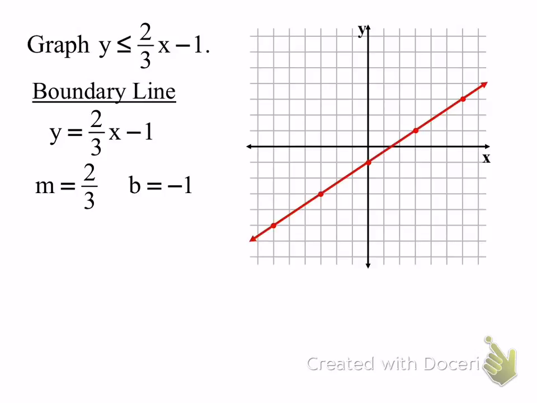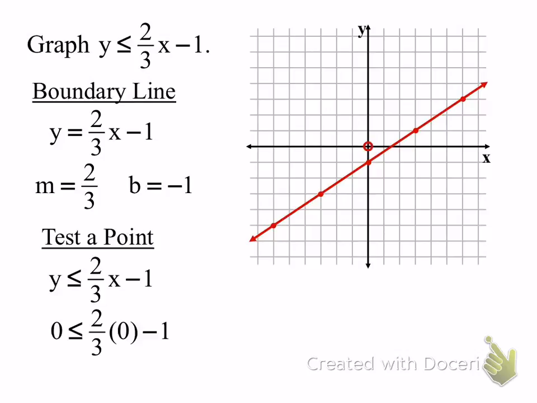Okay, there is a second method, and the second method is the test point. We can choose any point. Let's make it easy: the origin, 0, 0.